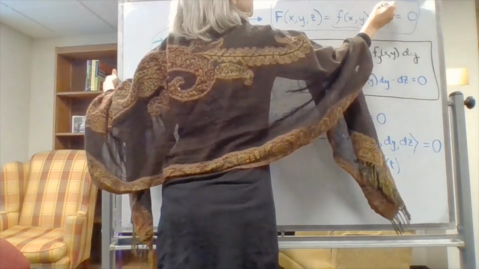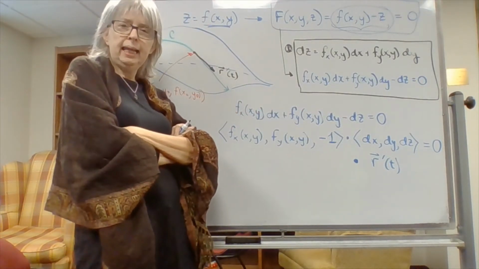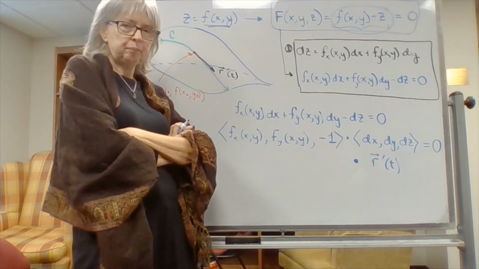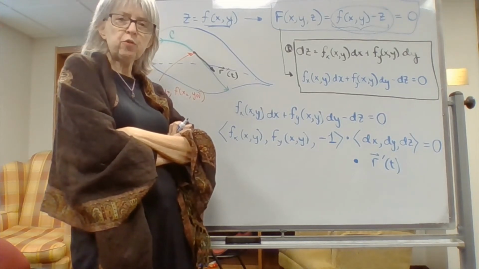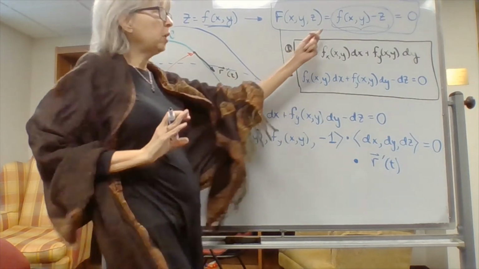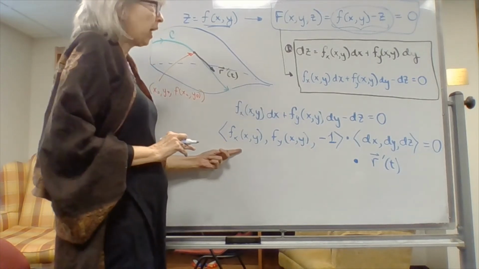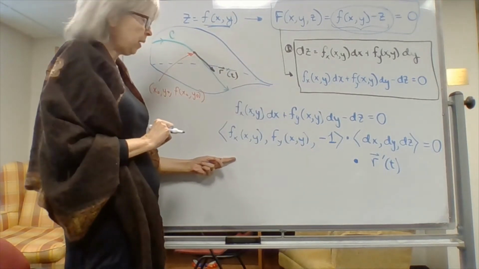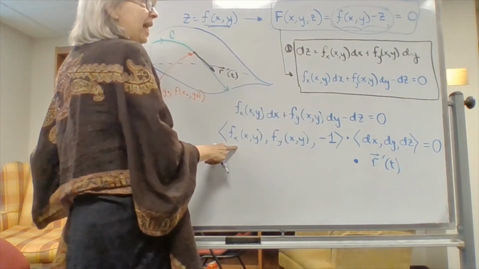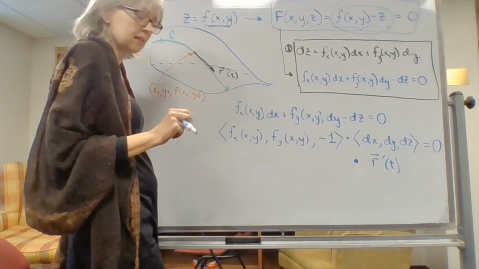This is big F. It's little f of x comma y minus z. When you take the derivative with respect to x, you hold everybody else constant. The only place x appears is in little f. So when I take the derivative of big F with respect to x, I'm going to get the partial of little f with respect to x minus 0 because z doesn't have anything to do with x.